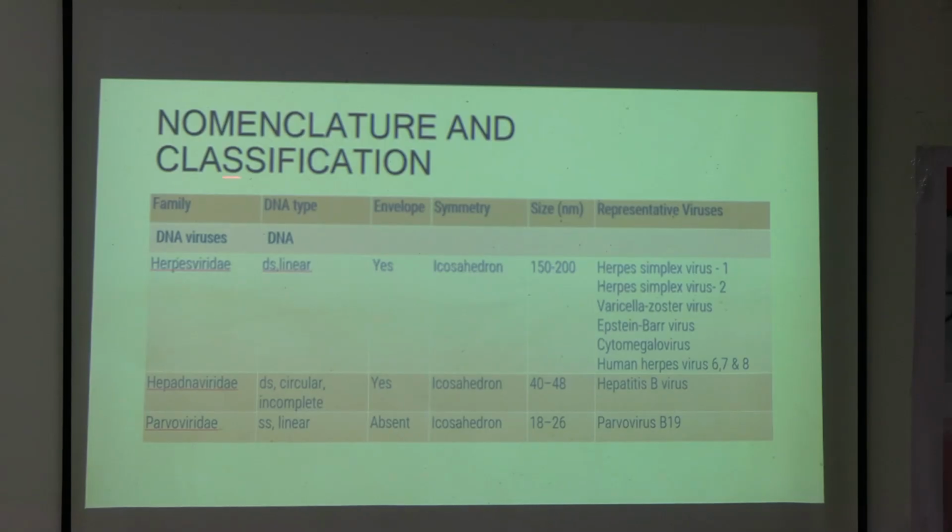That means if we say Herpesviridae is the name of the family, under that these representative viruses are there: herpes simplex virus 1, 2, varicella zoster, Epstein-Barr, cytomegalo, human herpes virus 6, 7, 8. Under the same family there are different representative viruses and they almost have the same characters. They are all double-stranded linear, enveloped, with icosahedral symmetry, and the sizes vary from 150 to 200 nanometers. You have to learn this.